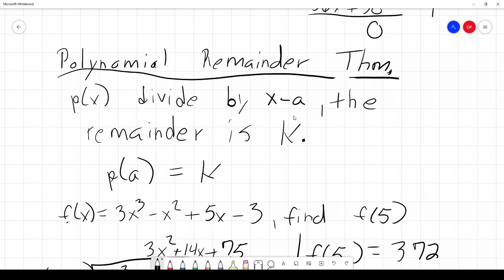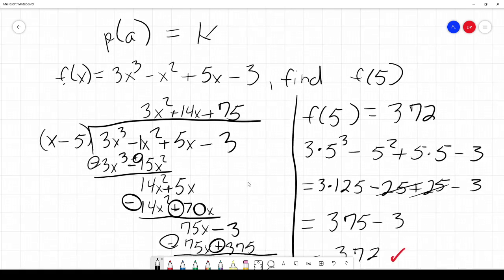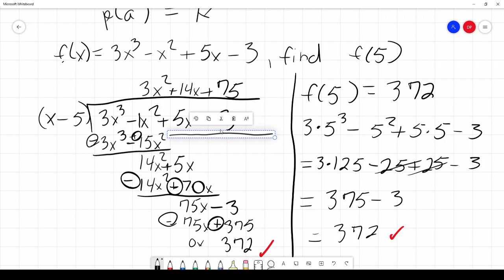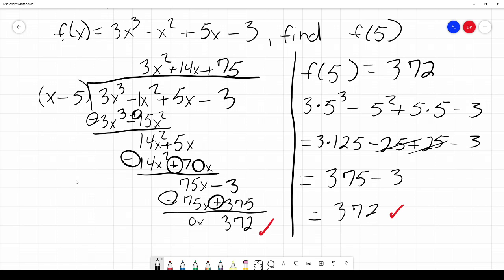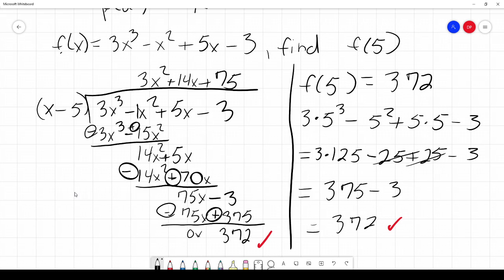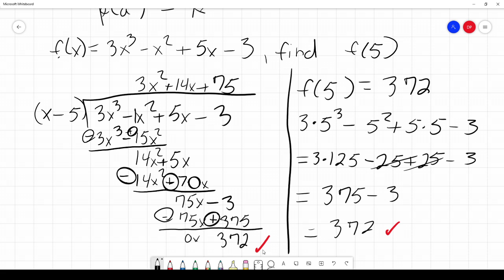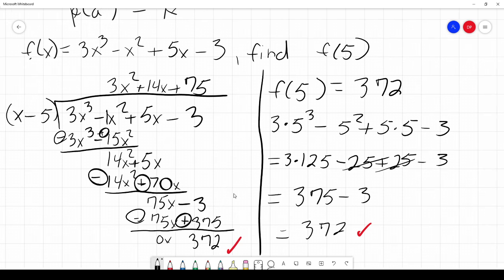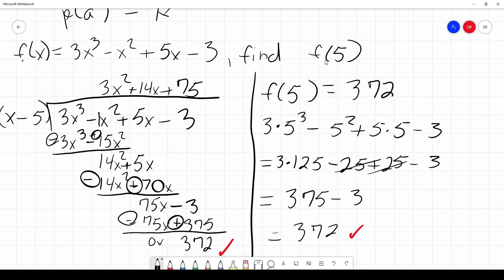And so basically what you're looking for is to figure out, okay, is this a zero, is this a factor? And so rather than having to do the entire process of polynomial long division, which is admittedly kind of long, and by the way, there is a shortcut way, which I may or may not get to, but it is kind of long, just to figure out if you get a zero remainder or not, instead, you can just evaluate it.